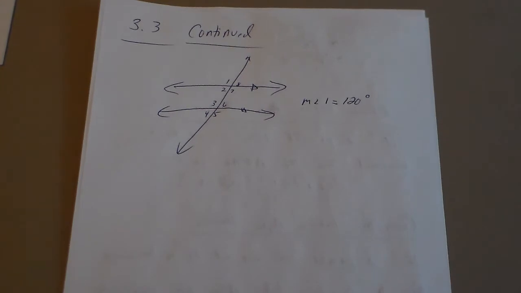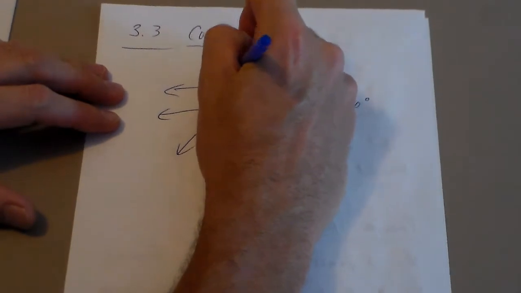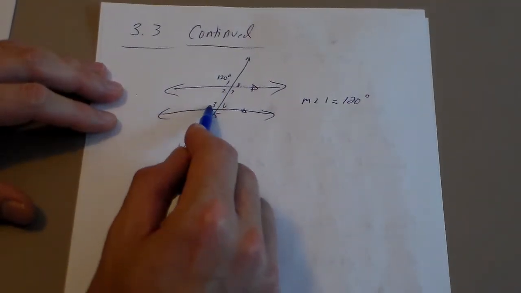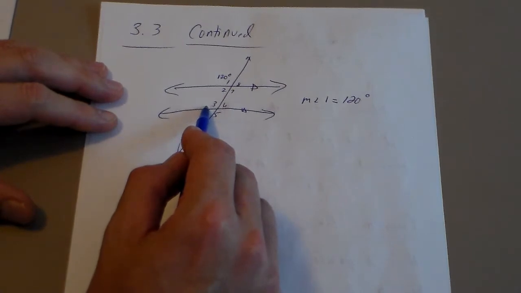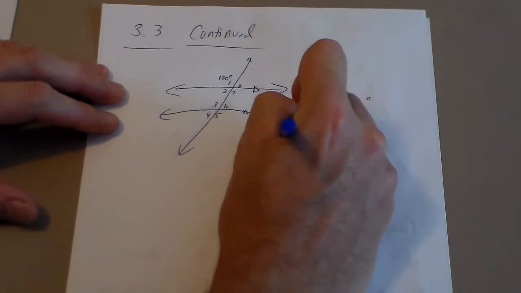As strange as that sounds, it is true, and I'm going to show you how to do that right now. So if angle 1 is 120, I'm going to write that in here. What else can I say is 120? Well, I can say 3 is 120 because they're corresponding angles. So I can say angle 3 equals 120.